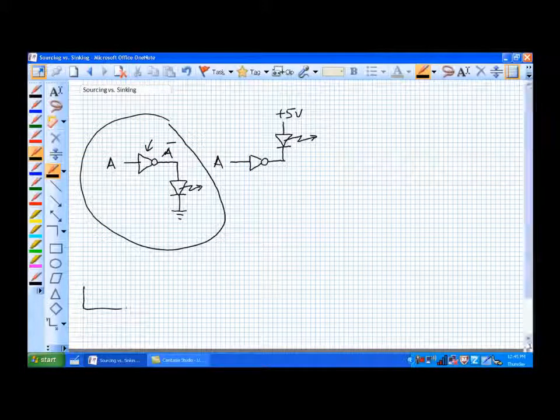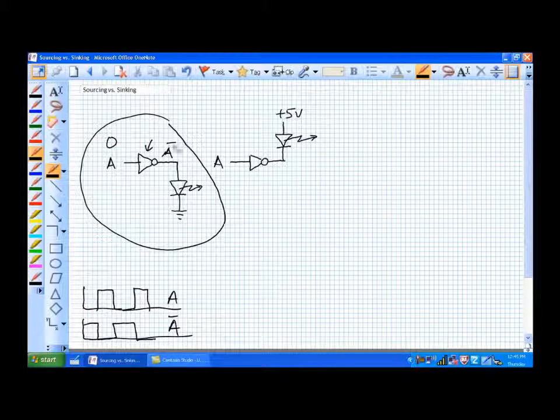And signal A could have any value, as indicated by this timing diagram. The inversion of it, not A, could look like that. There's A, there's not A. So if A, let's say, for example, was a 0, what is not A's value?